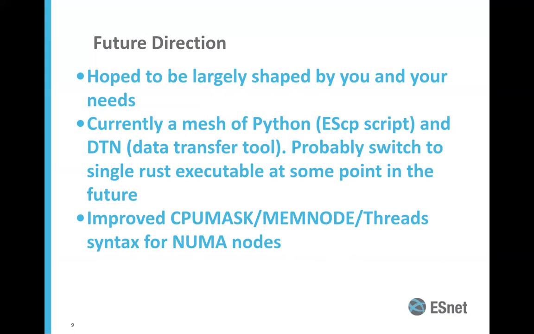Right now, the tool is really two things. It's this Python script that I've been calling EScp, and the data transfer tool. The data transfer tool is written in C. It has some dependencies. When you build it, all those dependencies get pulled in automatically. I think right now there's 3, maybe 4 dependencies.